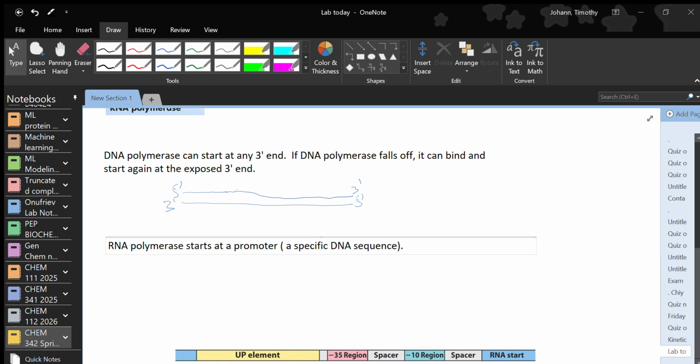You're done. It has to go and start over. That's the only thing it can do, right? So if RNA polymerase falls off the template, it has to start over.